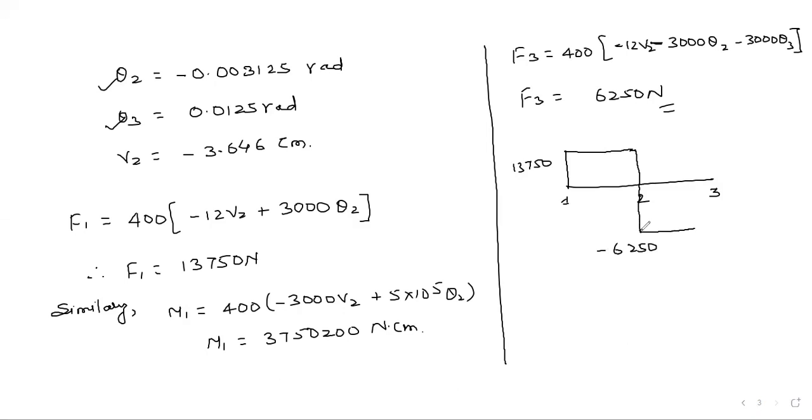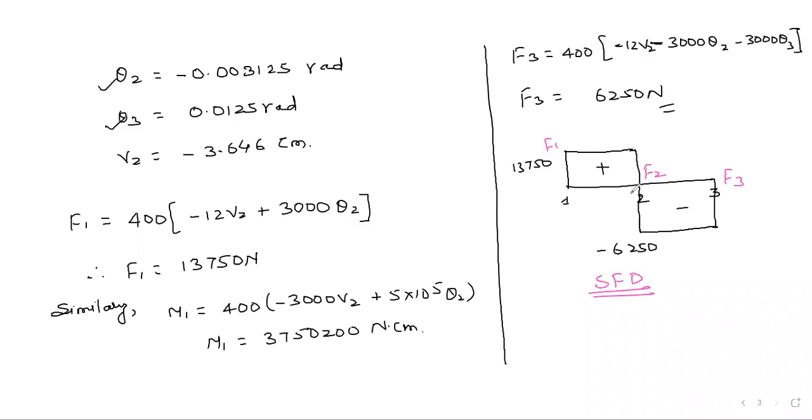And then again F3 we have 6250, right? So again it will come in the positive direction. So we'll go here. That's it. This is plus and this is minus. This is your shear force diagram, SFD. This will be F1, this is F2, and this is F3.